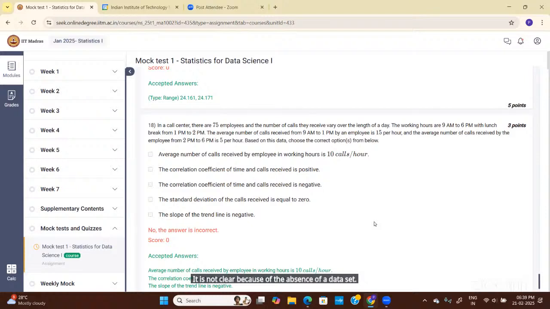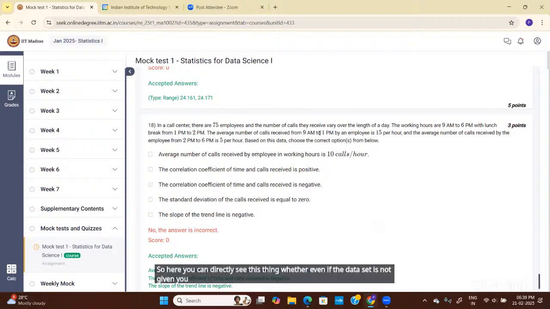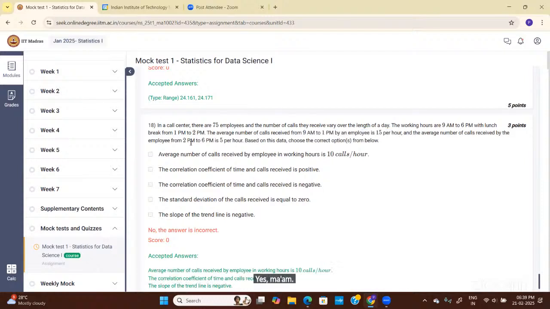But here you can also see it that way. Even if the data set is not given, you can see that between 9 to 1, we are getting on an average 15 per hour, right? And for 2 to 6, we are getting 5 per hour on average, which means that the points are not the same.